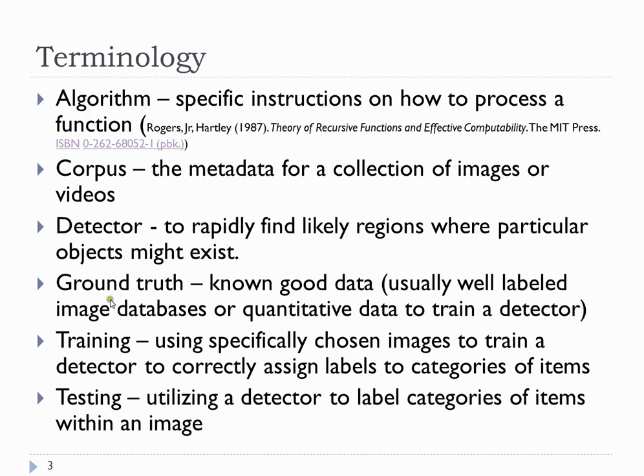Another thing is ground truth. This is when you're trying to train a detector to say, okay, this is what a face looks like, this is what a car looks like, a license plate, whatever. You want to have known good data, i.e., a picture of a license plate, a picture of a face, somebody walking.